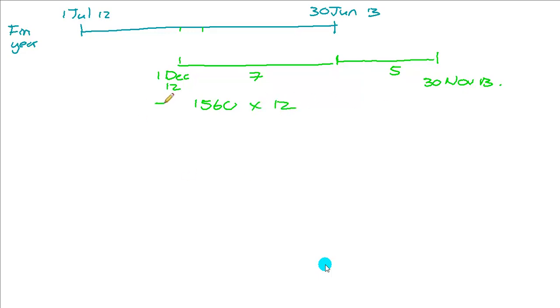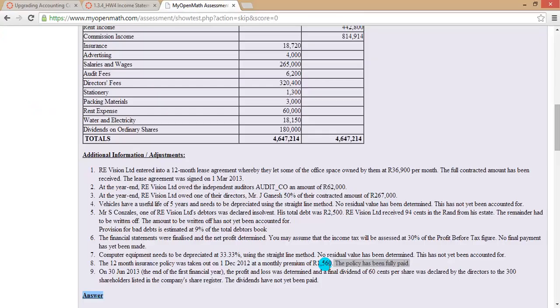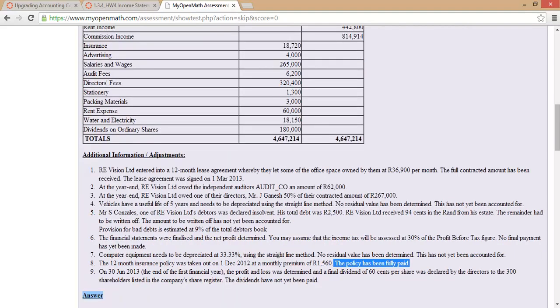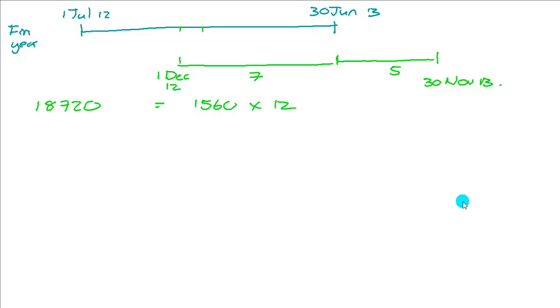If you calculate that, you're going to get 18,720, and that has been fully paid, and it has been included in my trial balance figure here, 18,720. That is what has been paid. The question is, how much should have been paid, and how much of the service has been used in the financial year? And that is only these 7 months.